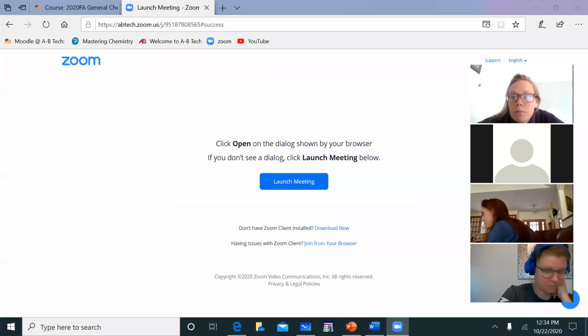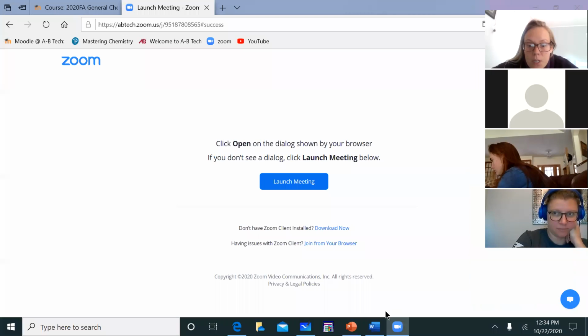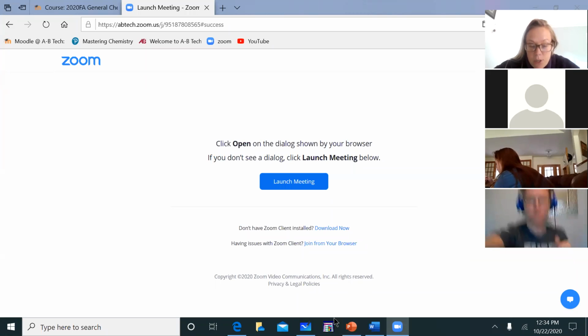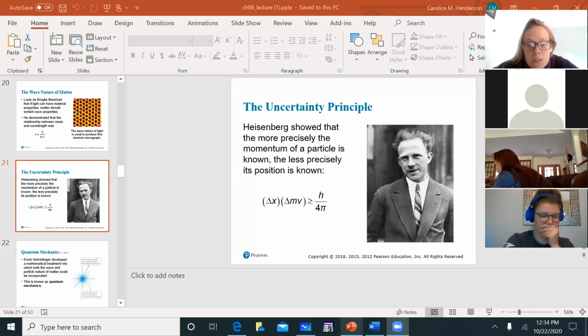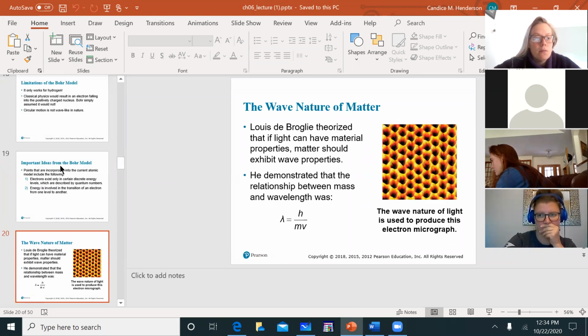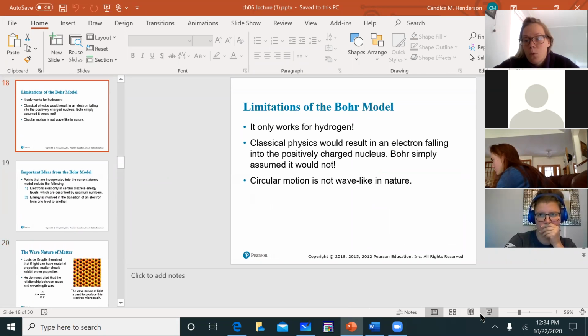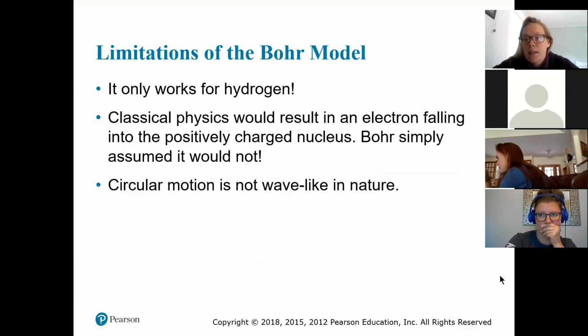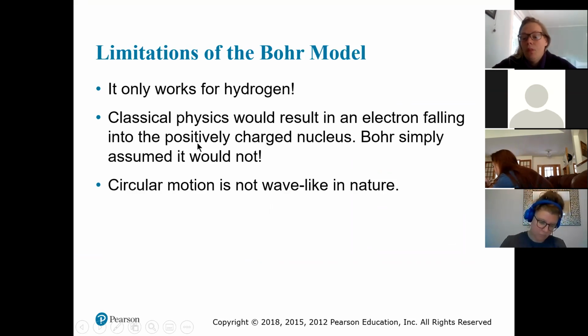We had finished up talking about, we were looking at the Rydberg equation and how it applied to the Bohr model, right? Which is this simplified understanding of the behavior of electrons.